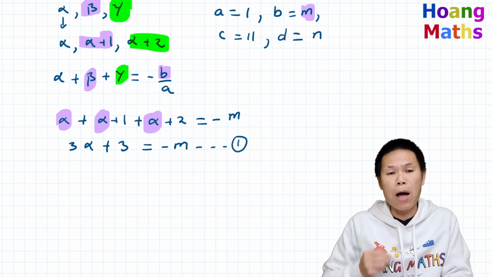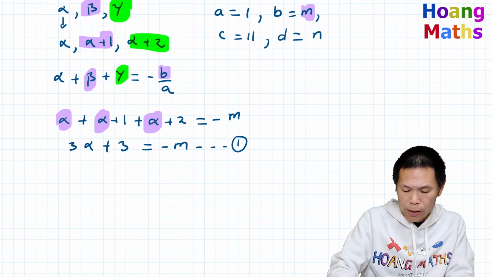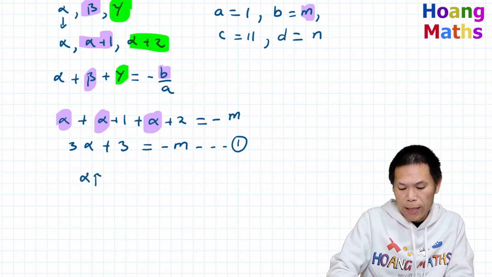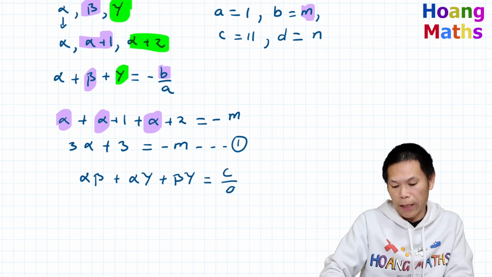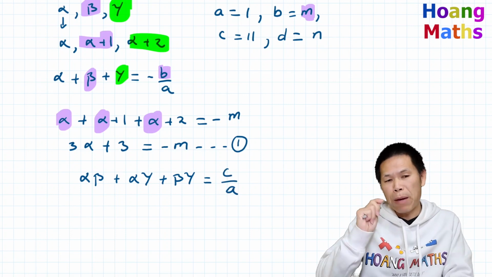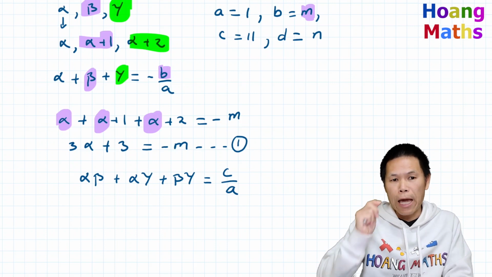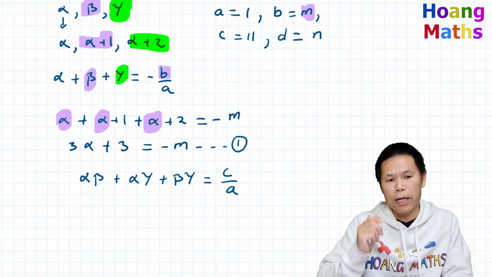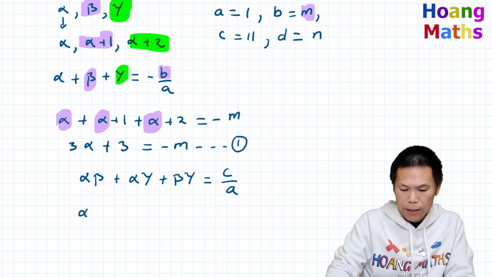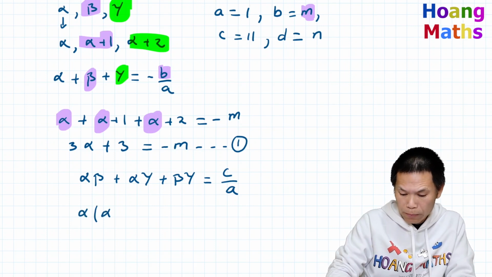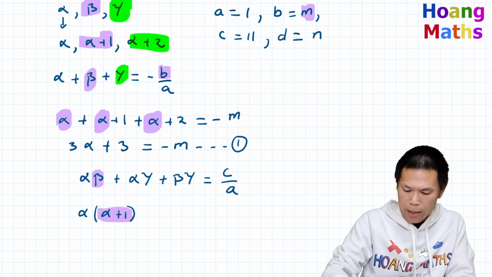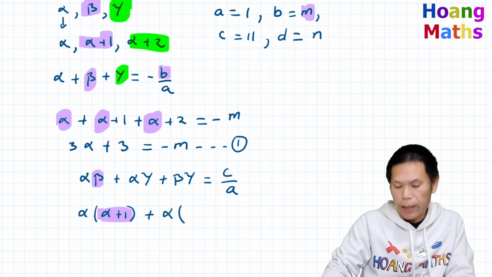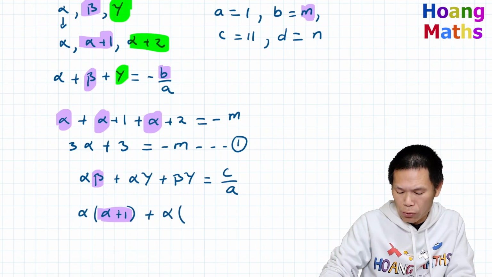And we know that the sum of the products of the roots is this: alpha times beta plus alpha times gamma plus beta times gamma is equal to c over a. Okay, so keep that in mind. And don't forget, beta is alpha plus 1 and gamma is alpha plus 2. So let me just replace those first. That is alpha times (alpha plus 1), because beta is alpha plus 1, and then we add alpha times gamma, and gamma is alpha plus 2.